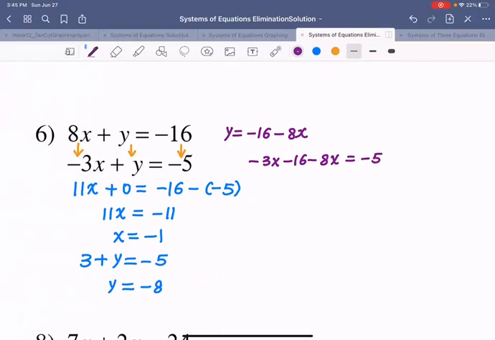Okay. Then negative 11x minus 16 equals negative 5. Negative 11x equals negative 5 plus 16.